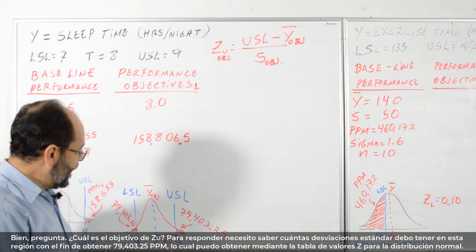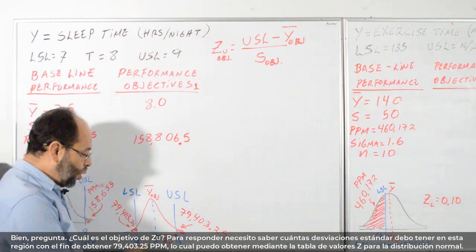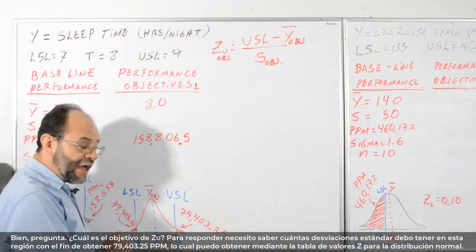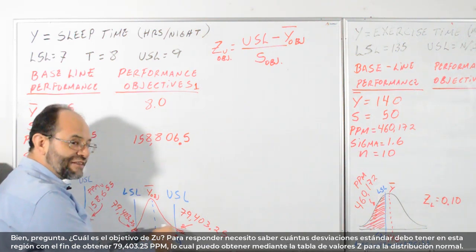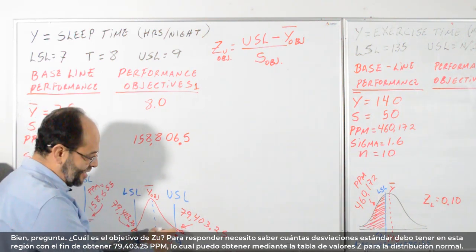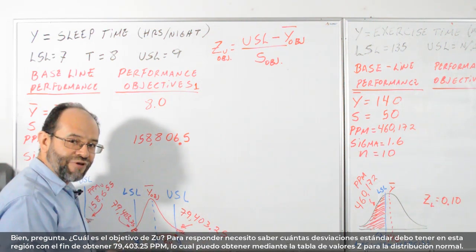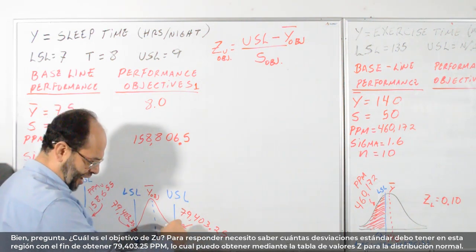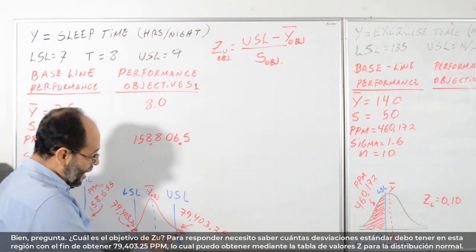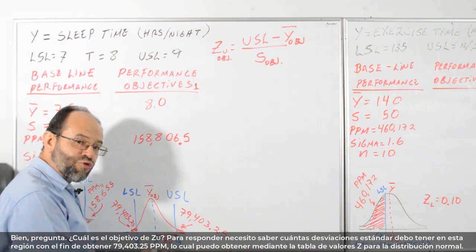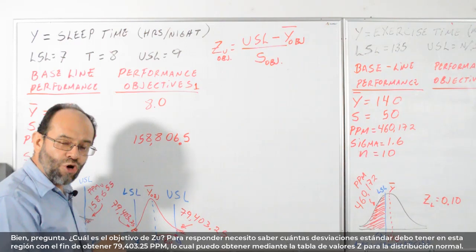Okay, question: what is the Z objective? I need to know how many standard deviations I need in this region in order to get this amount of defects, 79,403 defects. And I can get that from a table, the table for the normal distribution.